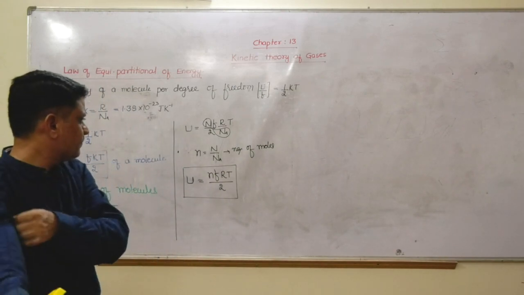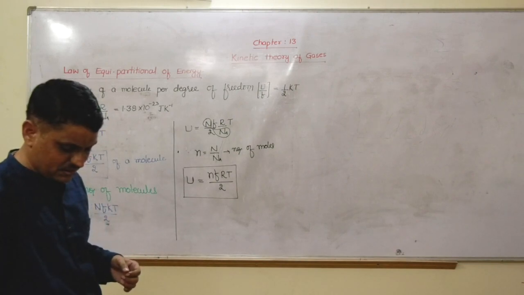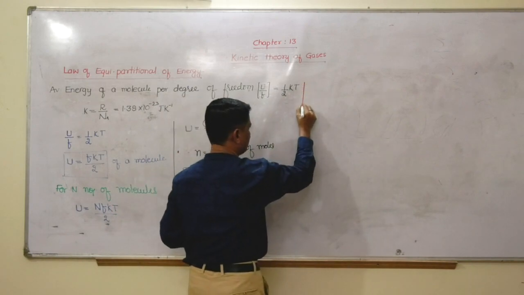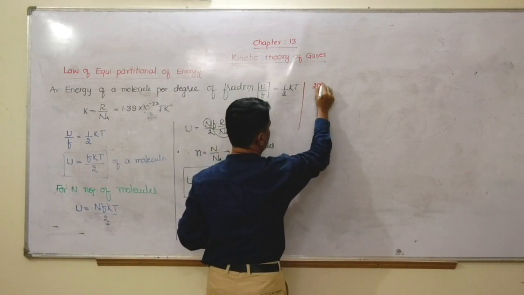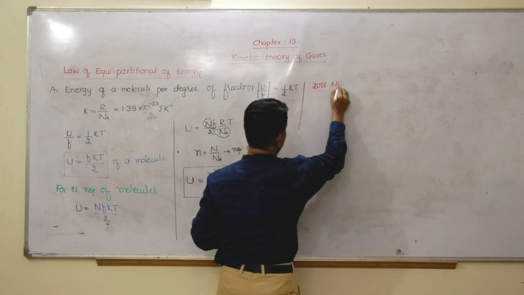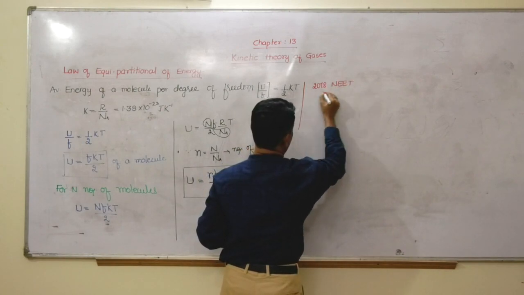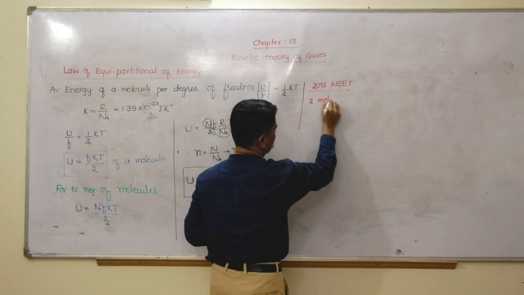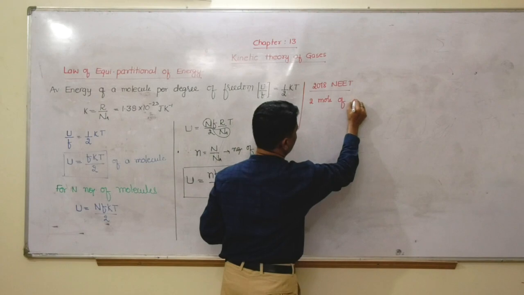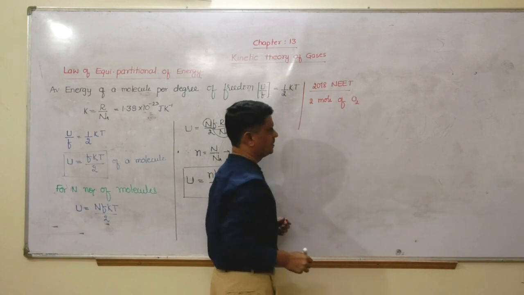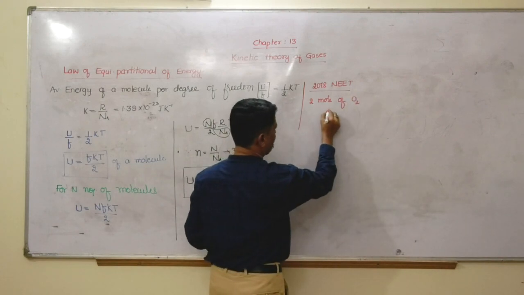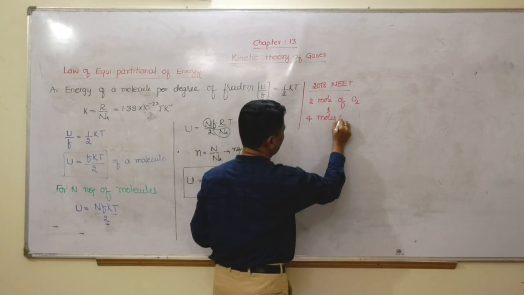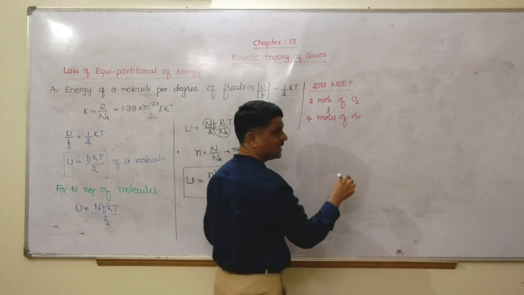Now as I said, in 2018 there was a question. So question was in 2018 NEET. Question was, see 2 moles of oxygen and 4 moles of argon are mixed.